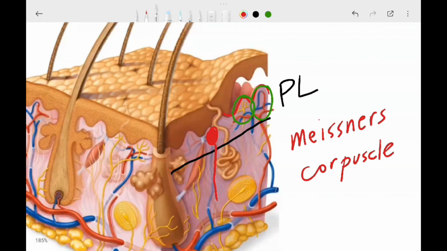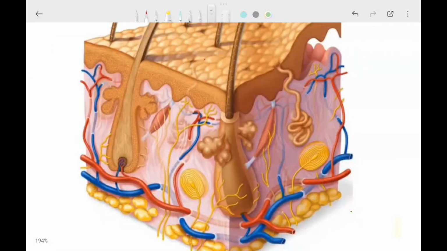This nerve structure is specialized in light touch receptions. So based on what I've said, we can conclude that the papillary layer has basically a rich blood supply and a rich nerve supply.